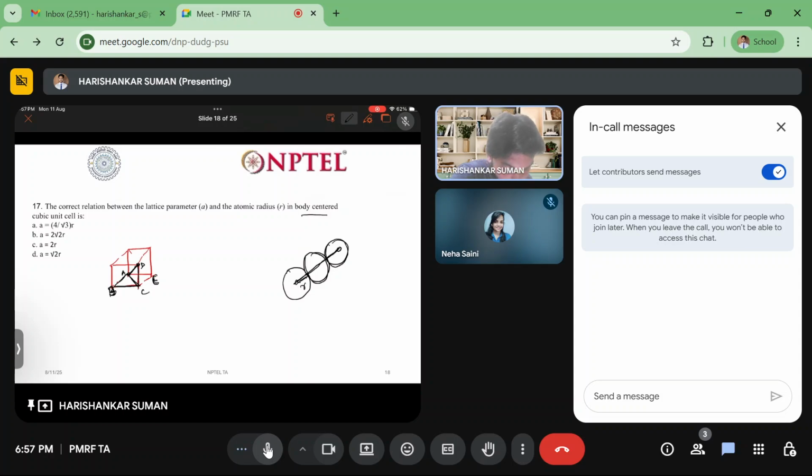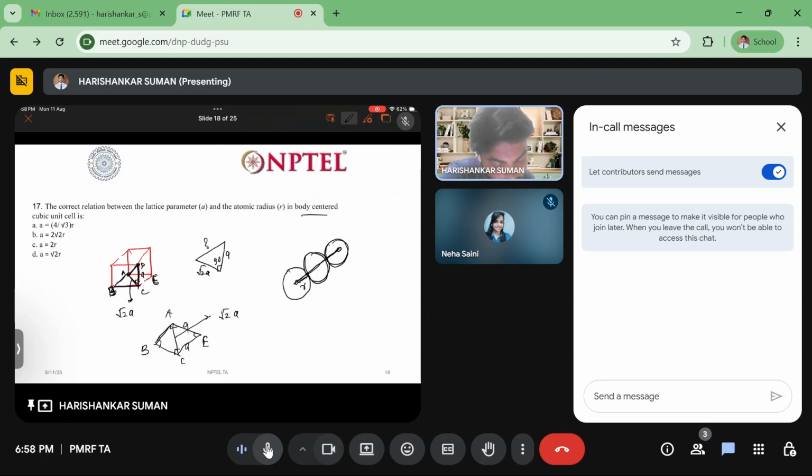In the bottom face, the diagonal of this square: this is A, this is A, and they form 90 degrees, so the face diagonal will be root 2 A. This is root 2 A and this is also A, and they form 90 degrees.